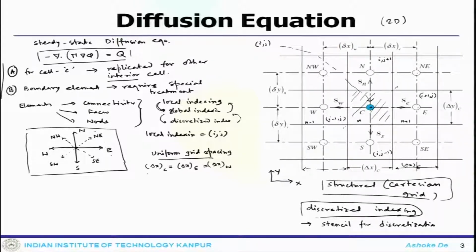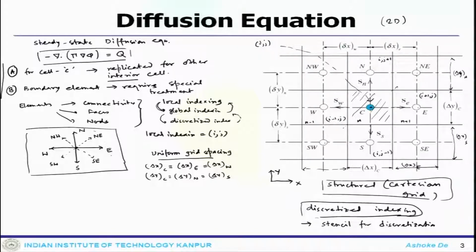In the y direction also, delta y of C must be equal to delta y of north, equal to delta y of south. So, this is the distance of the south cell, delta y south, and this is the distance of the north cell, delta y north.